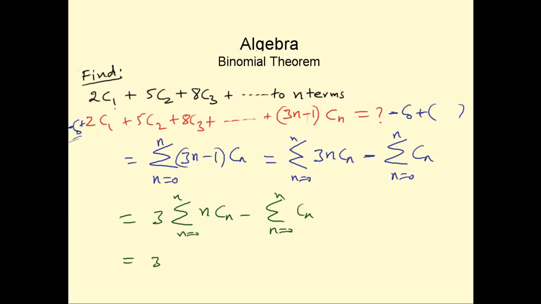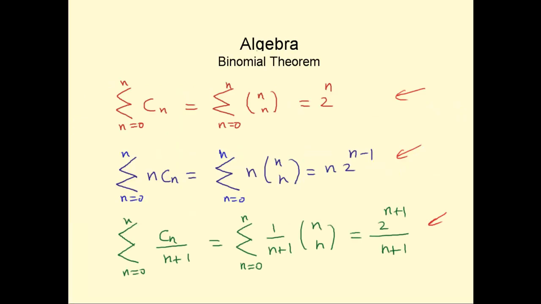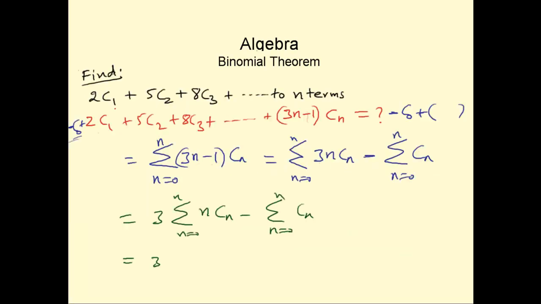That is our second property, right? Let's see what it is. That is equal to n times 2 to the n minus 1. Minus, what is sigma cn? That is 2 to the n. So this is the whole thing here, right?